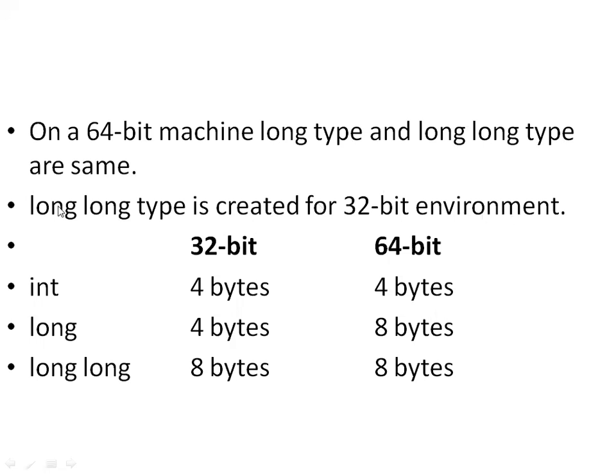Please remember, long type is created for the 32-bit environment. Integer on both 32-bit and 64-bit is 4 bytes. Long differs here: on 32-bit it is 4 bytes, and on 64-bit it is 8 bytes. Long long on 32-bit is 8 bytes, and on 64-bit also it is 8 bytes.